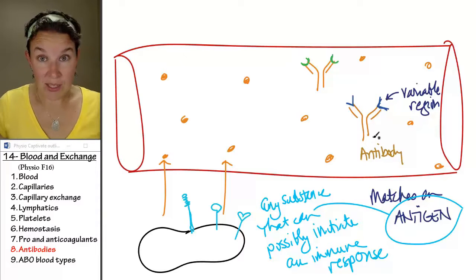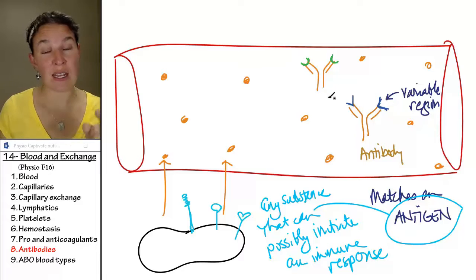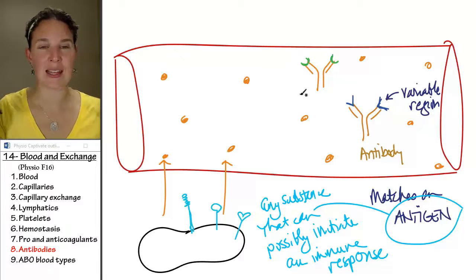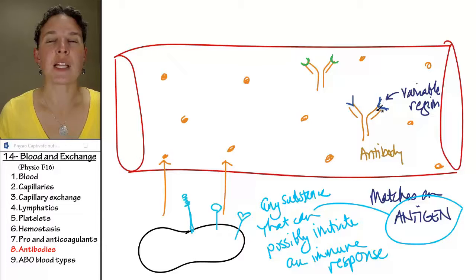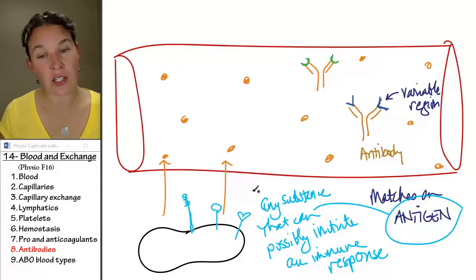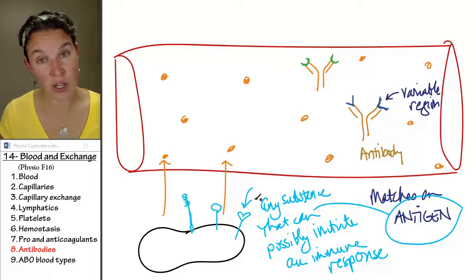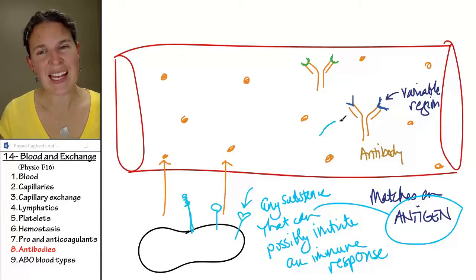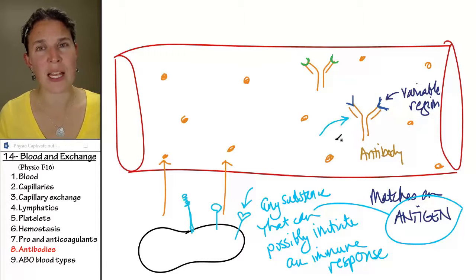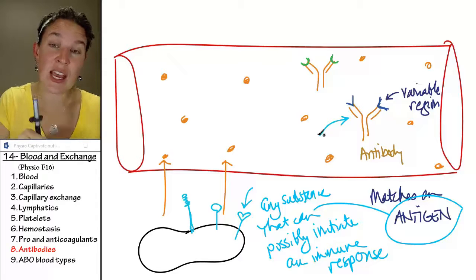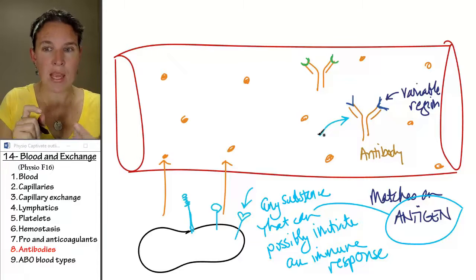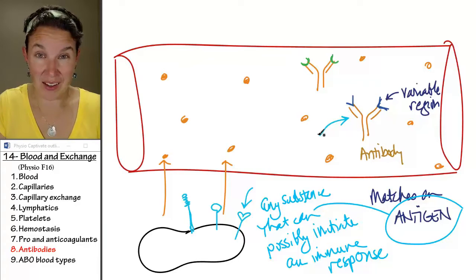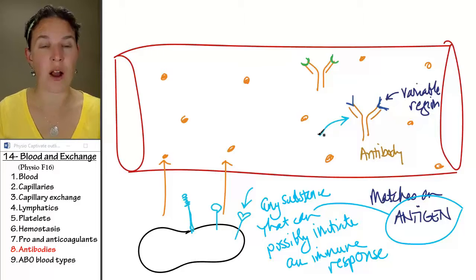I'm telling you this because we're going to talk in the next section about blood typing, which again, that's the last piece in our whole little blood adventure. And blood typing has to do with particular antigens that are on your red blood cells and antibodies that are found in your plasma. And the antigen and the antibody determines like who you can get an organ transplant or a blood transfusion from.